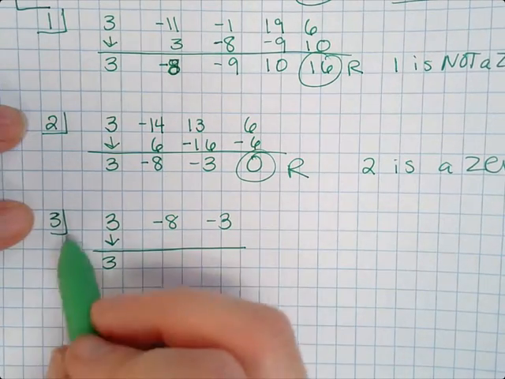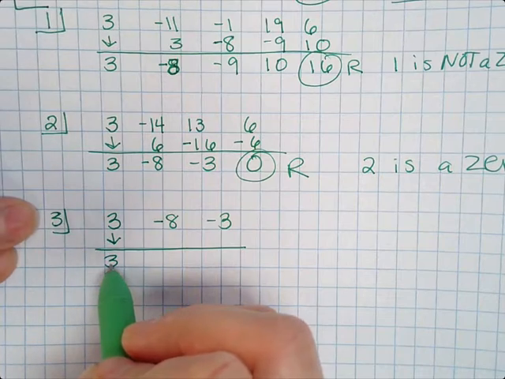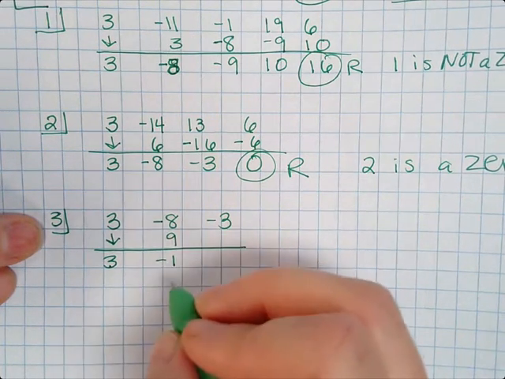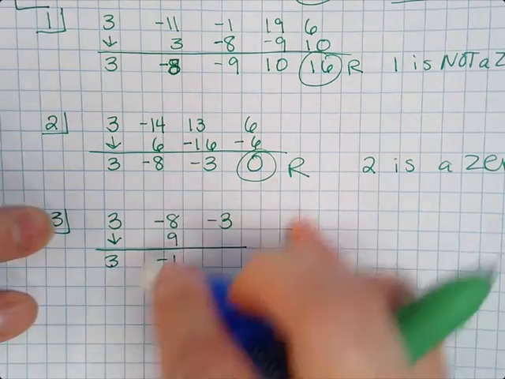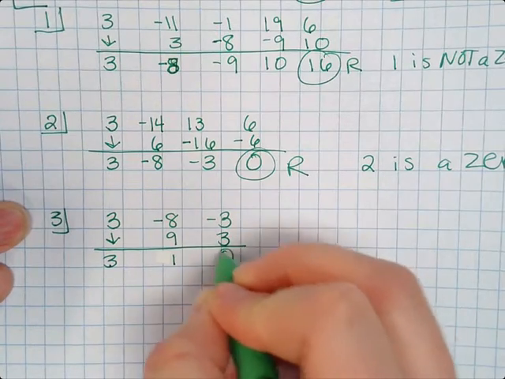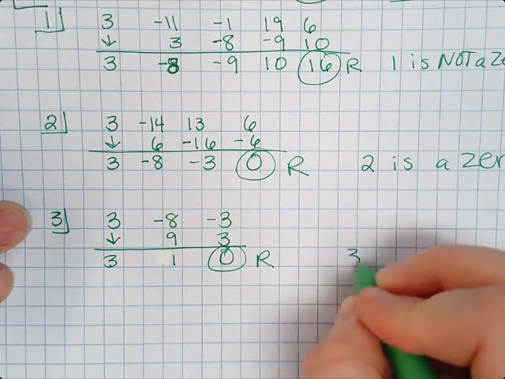That's 3, negative. No, that'd be +1. And then that'd be 3, that'd be 0 remainder. So 3 is a 0.